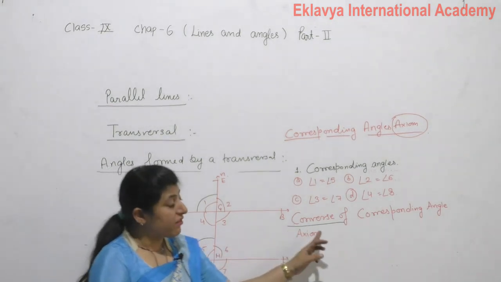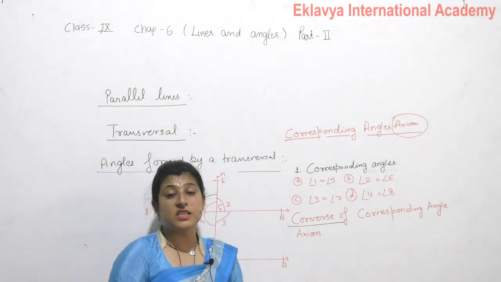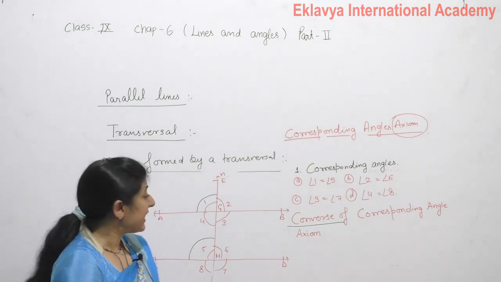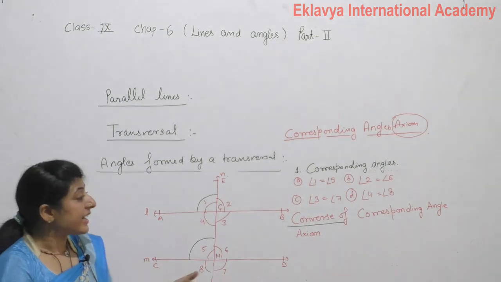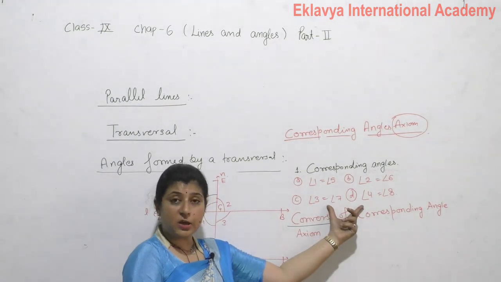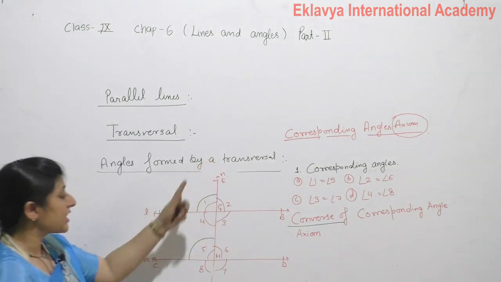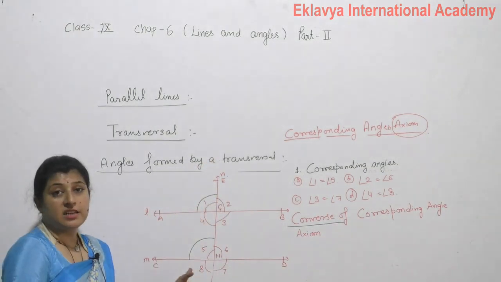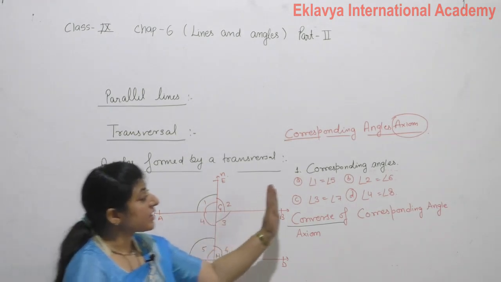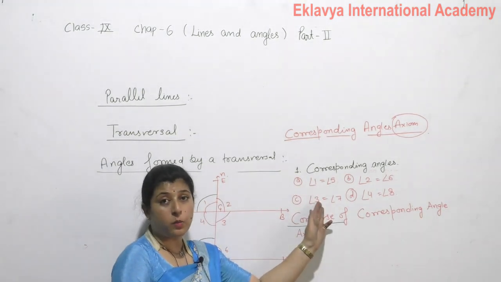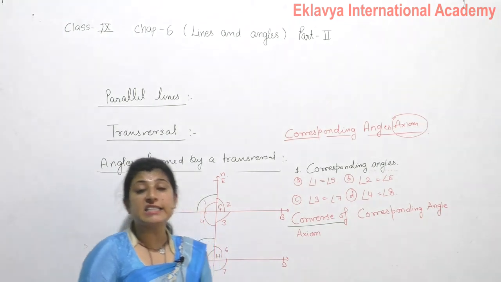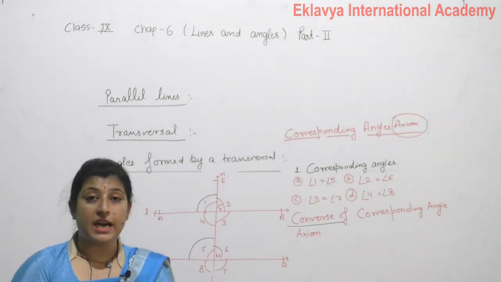In converse, we just use the opposite of it. Now it is given to you that these corresponding angles are equal. So when a transversal intersects two lines such that their corresponding angles are equal, then these lines are said to be parallel.